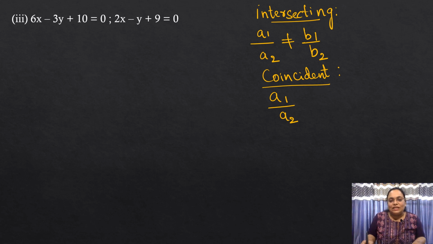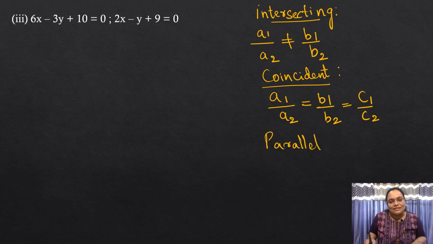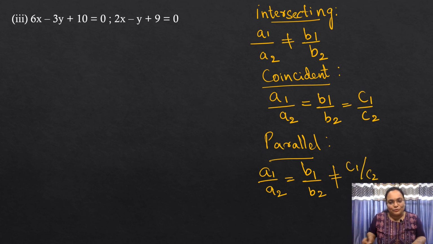And what is the condition for the coincident? A1 by A2 is equals to B1 by B2 is equals to C1 by C2. What is the condition for the parallel lines? It is A1 by A2 is equals to B1 by B2 is not equals to C1 by C2.